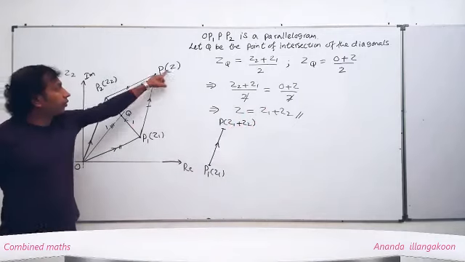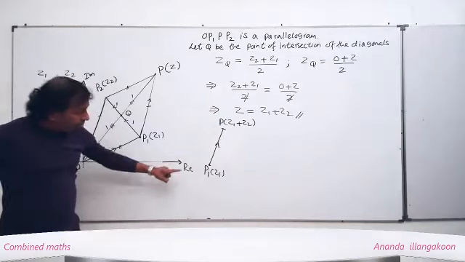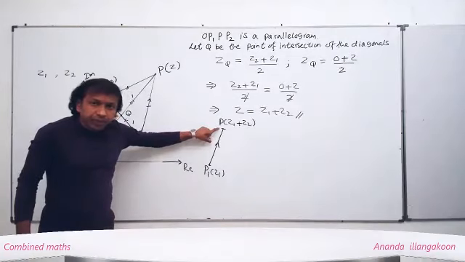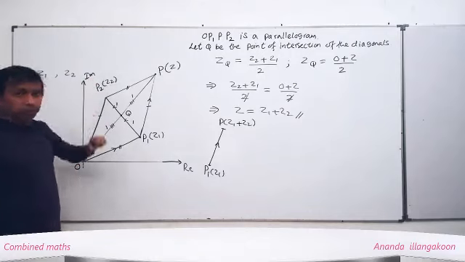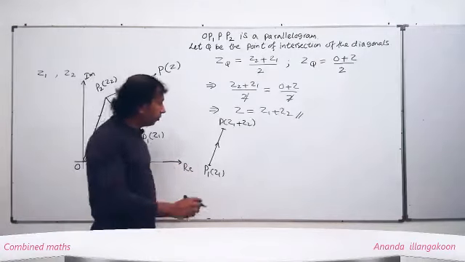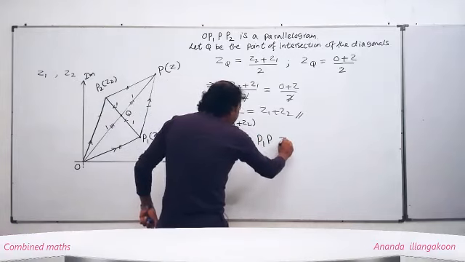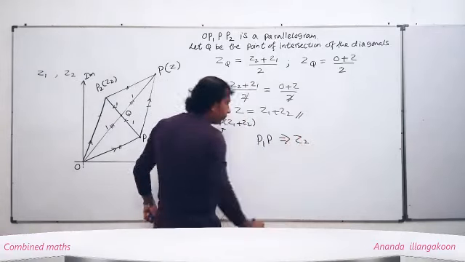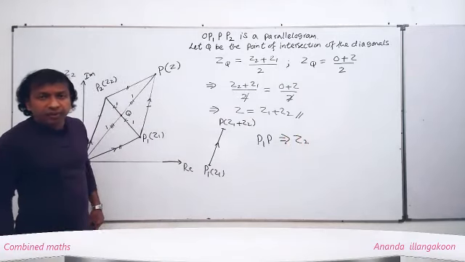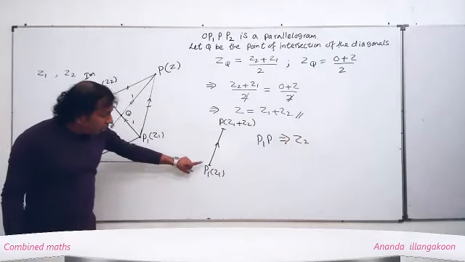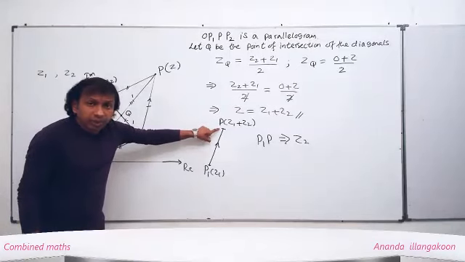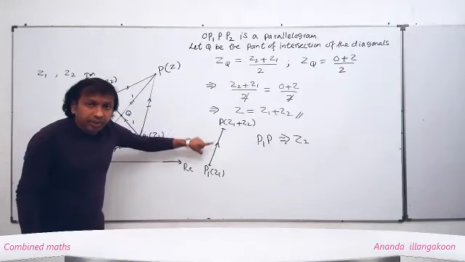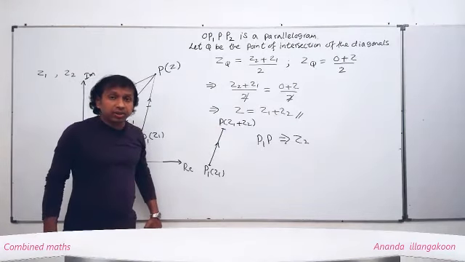Right? This one. Then from P1 up to P, this line segment should represent the same complex number represented by the line segment OP2, that is Z2. Then people, you can very clearly see, when you start from a line segment and end at a point on the same line segment, the representing complex number can easily be found.